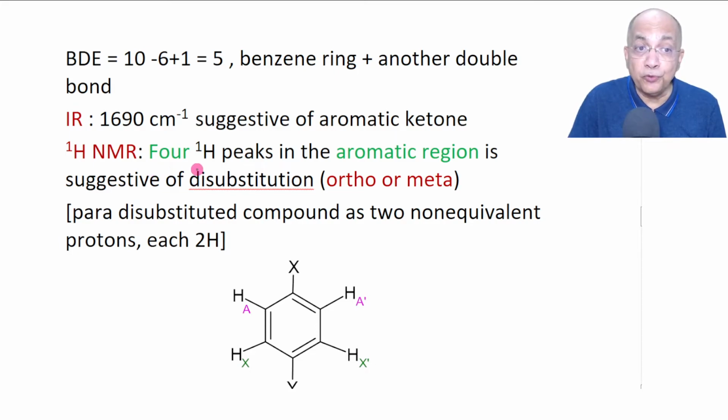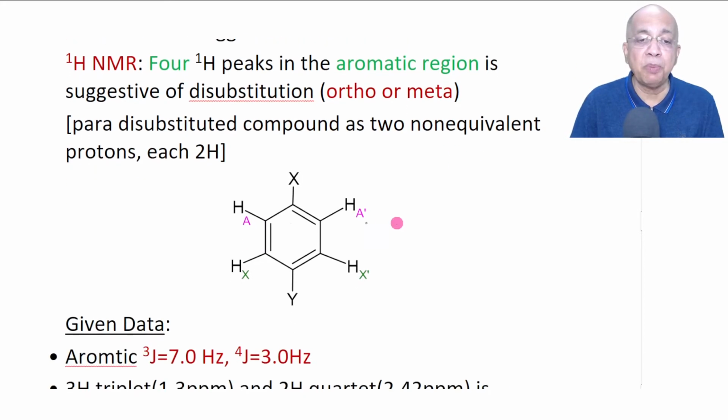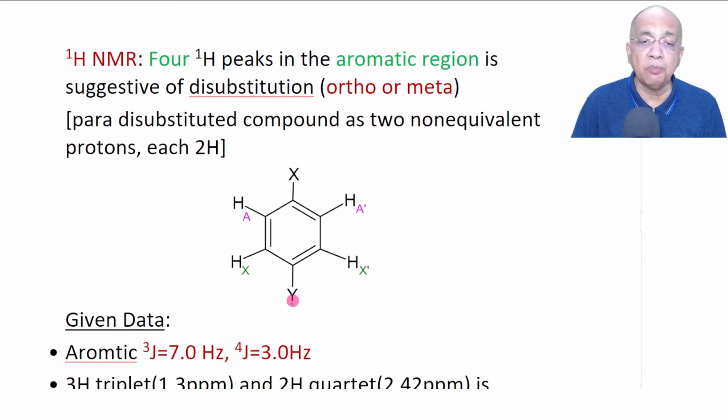Now the four 1-proton aromatic peaks, 1H, 1H, 1H, 1H, 4 protons in the aromatic region suggest it is a disubstituted compound. And that too either ortho or meta, cannot be para, because the para disubstituted compound will have only 2 non-equivalent categories of protons, A2X2. These two are equivalent by symmetry operation, interchangeable, so also this.